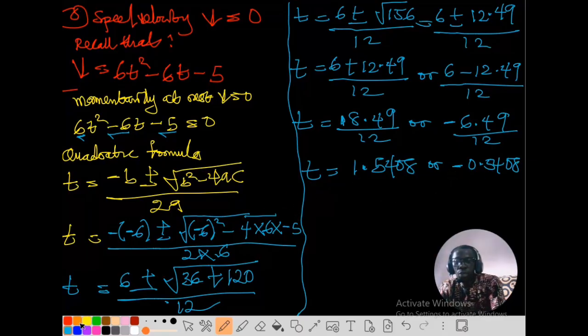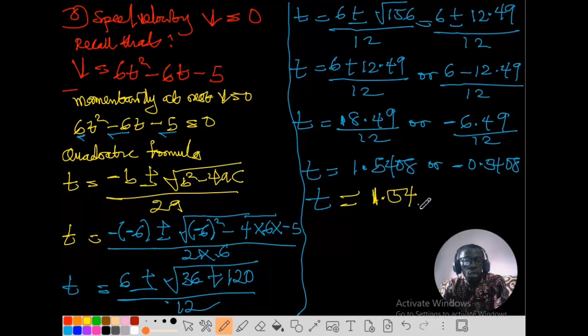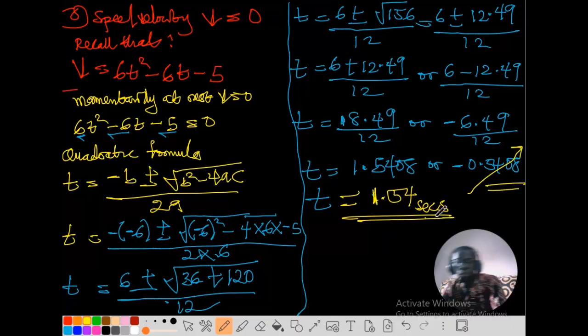So therefore the time when the particle is momentarily at rest is approximately 1.54 seconds. You can't have negative time for the particle to be momentarily at rest.